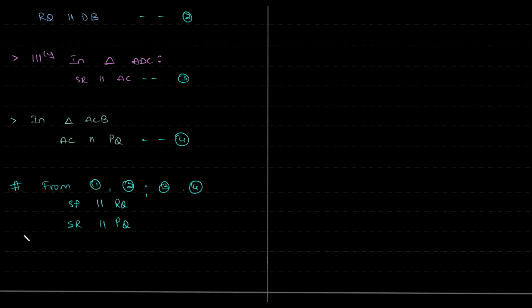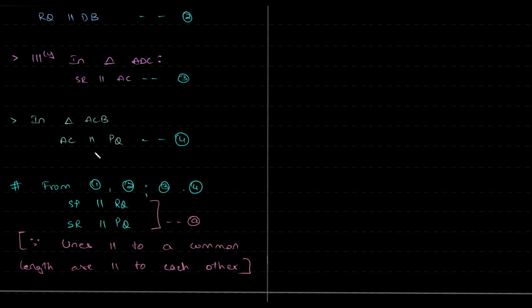This is because lines parallel to a common line are parallel to each other. So we call this A. We're going to make use of this, that the opposite sides are parallel.